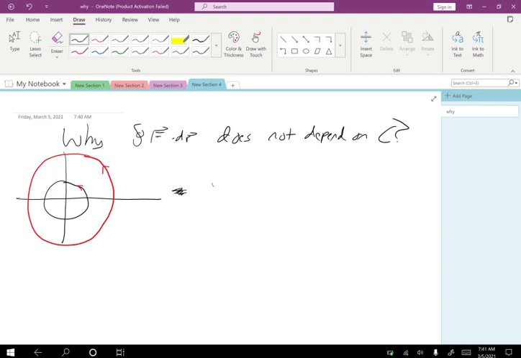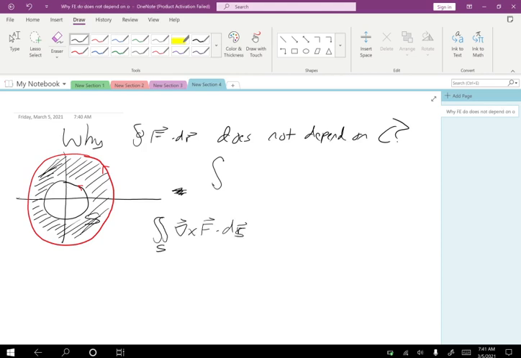If we look at the surface inside that annular region, and we'll call this S, then the curl is 0.